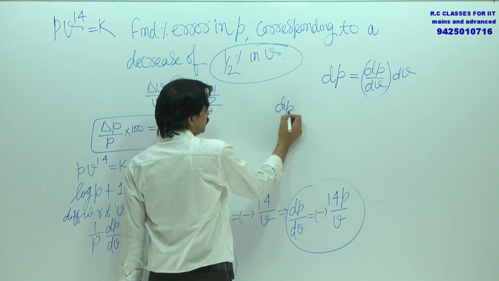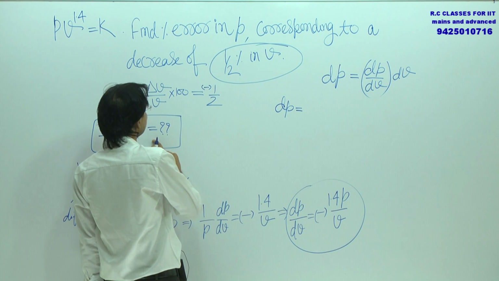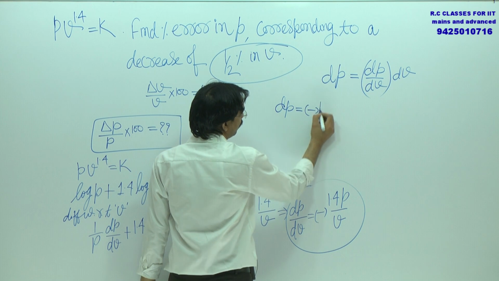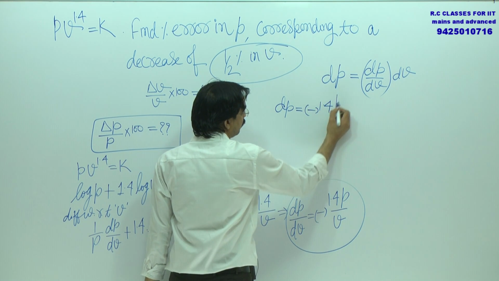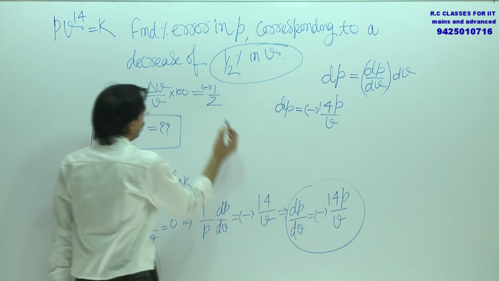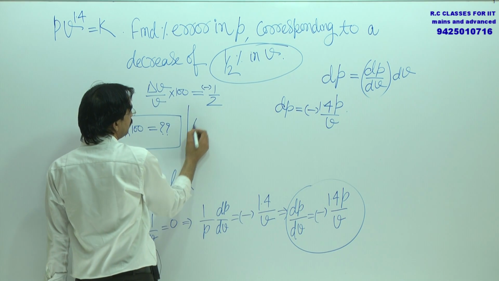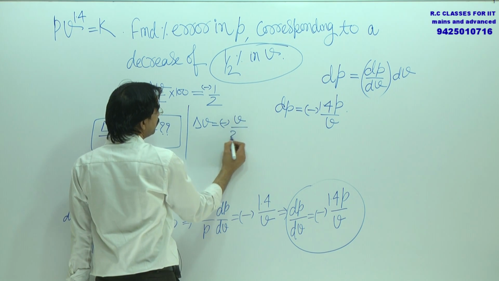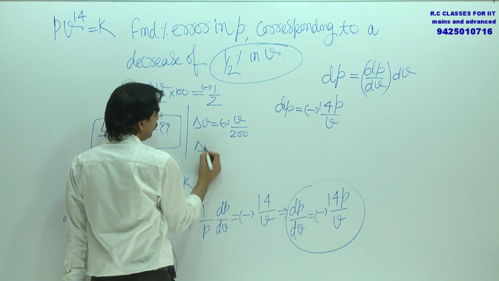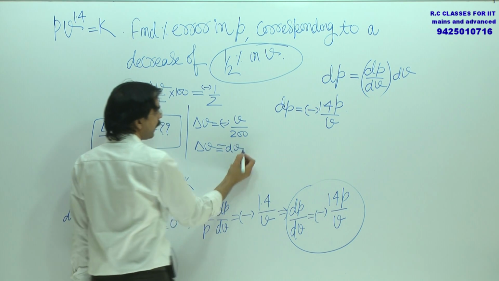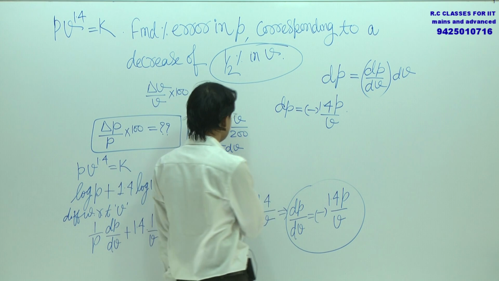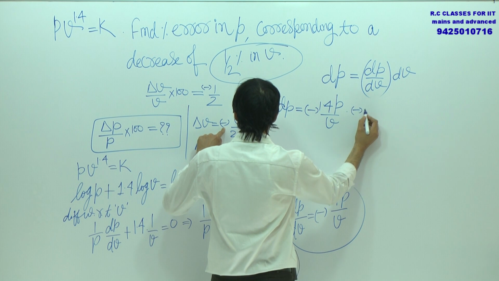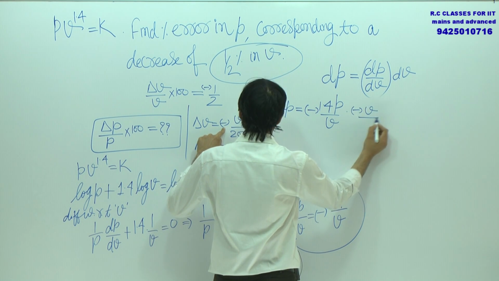So that dP is equal to, we want percentage error in P, dP is equal to dP by dV, that is minus of 1.4 P upon V, and from here we can write delta V is equal to minus of V upon 200, delta V is equivalent to dV, right, minus of V upon 200.